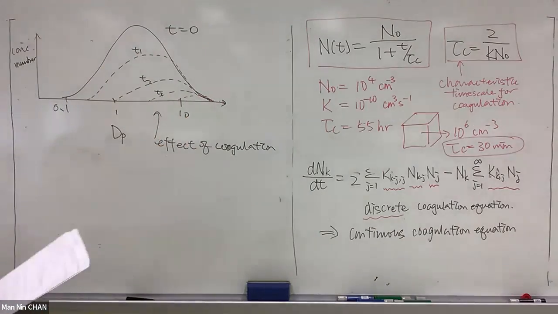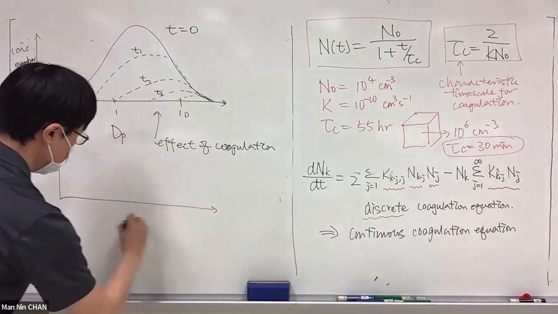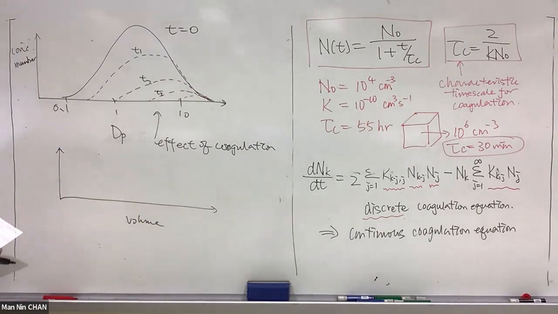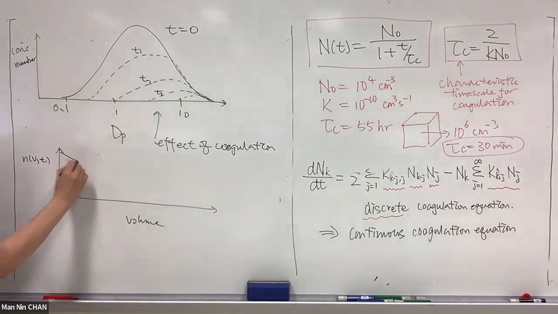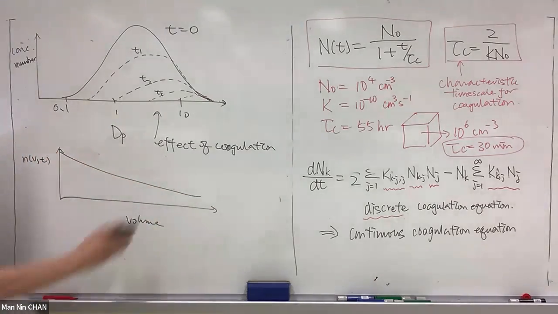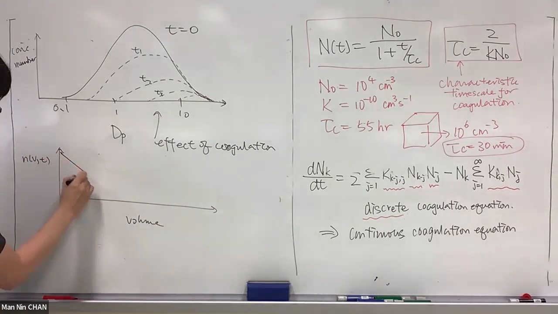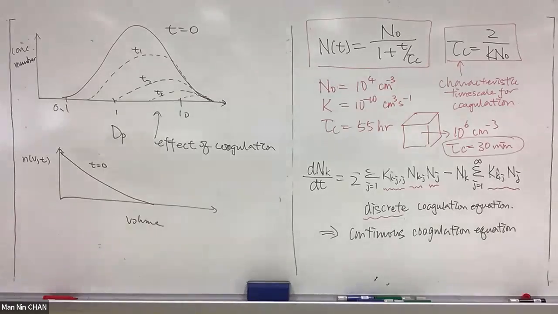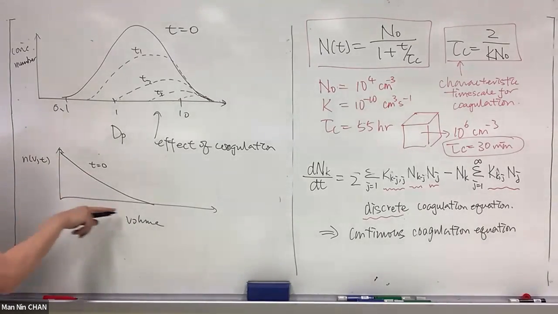Your volume will change because if you look at it the other way, this is your volume, and this is the volume concentration over time. Say initially we don't have any large particles, so this is time equal to 0, and this is the particle volume.